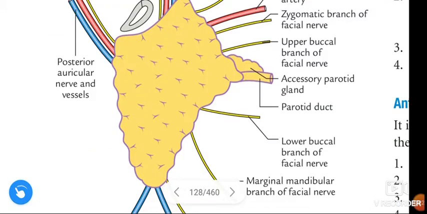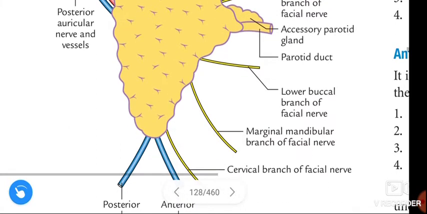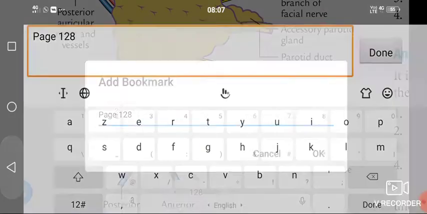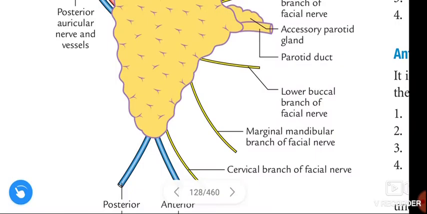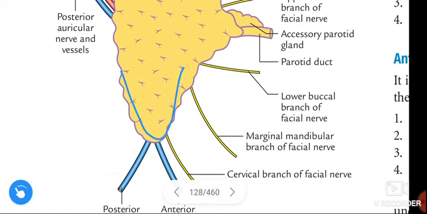This figure shows the structures emerging from the periphery of the parotid gland. Now we are talking about the apex.